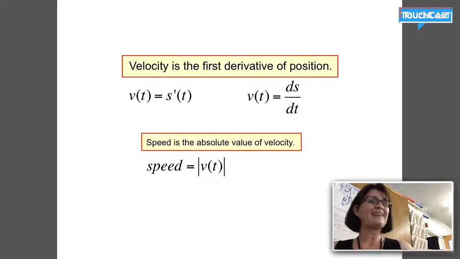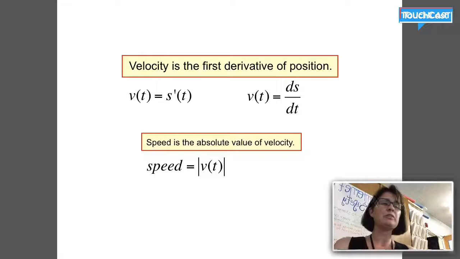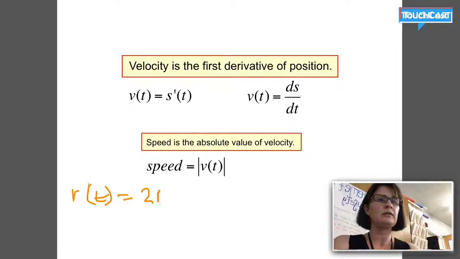I have a second important fact: speed, just by definition, is equal to the absolute value of velocity. So we had a question in the example above: what is the speed of the car at time t equals 2? Well, we knew that v of t was equal to 2t minus 5. We've been asked what the speed is at time 2.